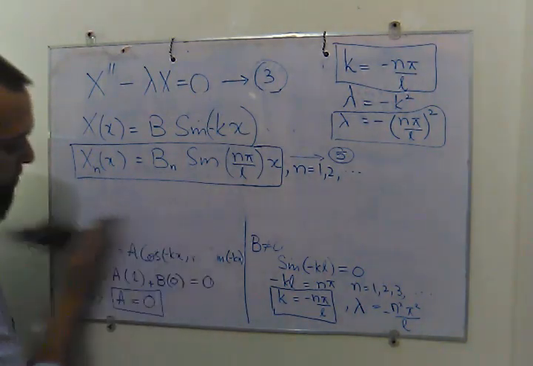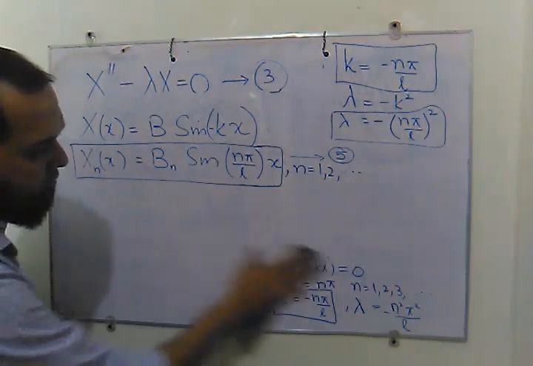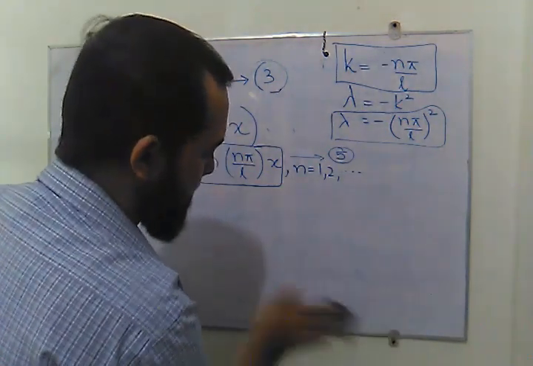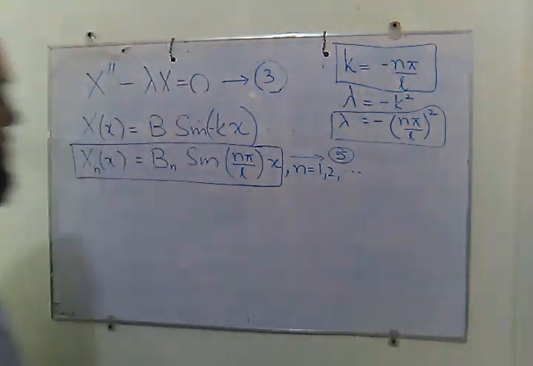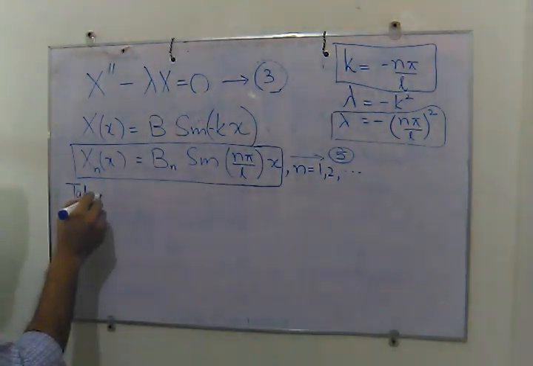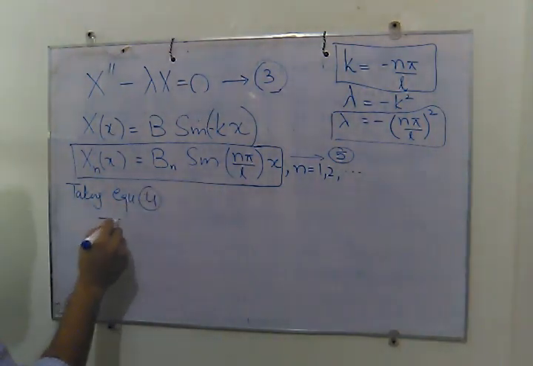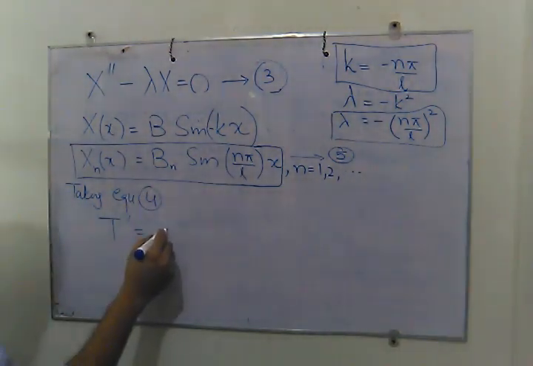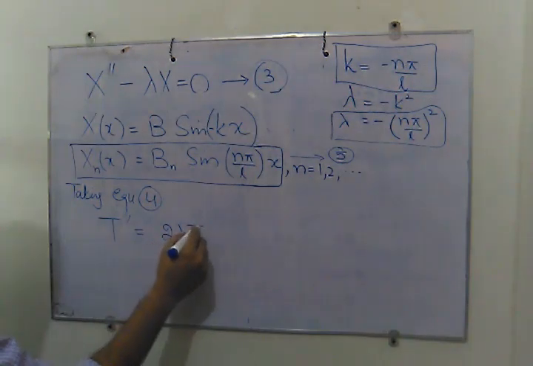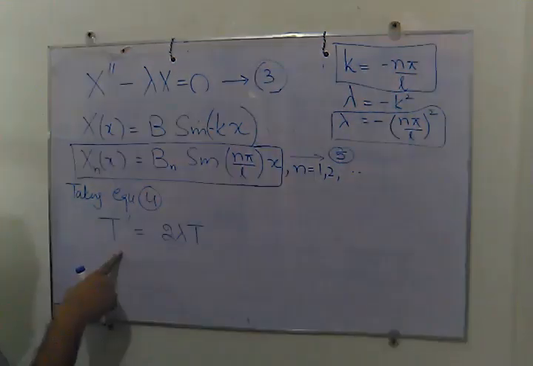Now we take equation number 4, which was T dash is equal to 2 lambda T. This is a first order differential equation.